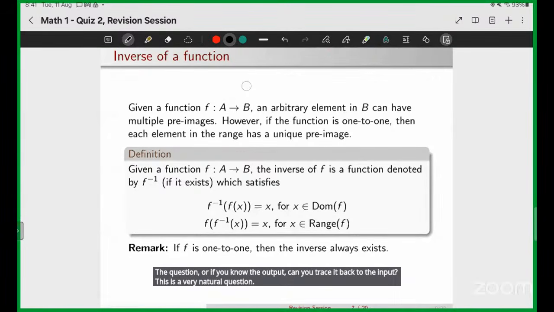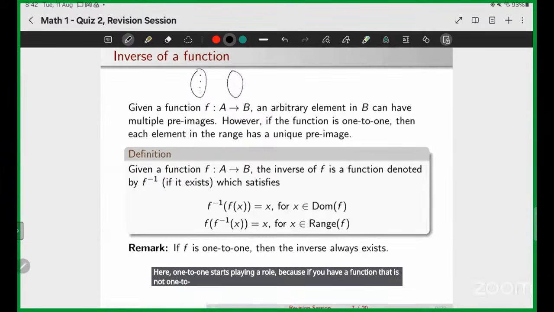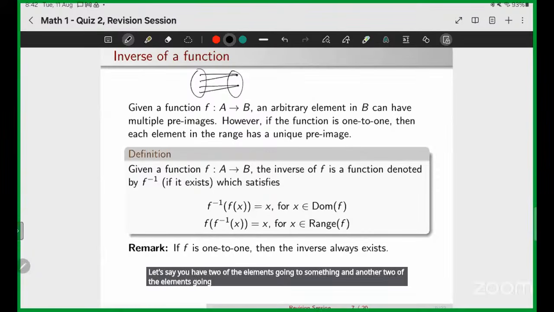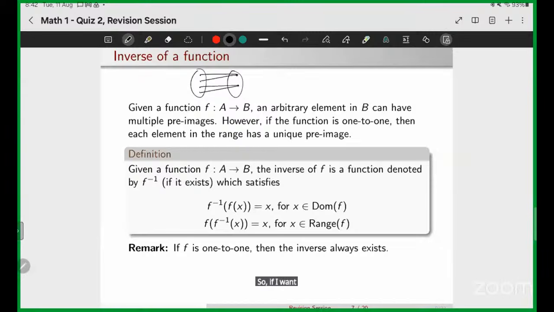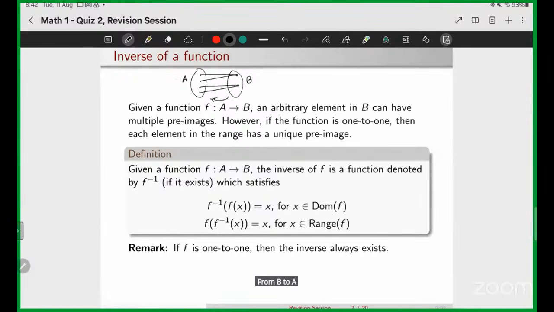So clearly here one-to-one starts playing a role, because if you have a function that is not one-to-one, let's say you have 2 of the elements going to something and another 2 of the elements going to something. If I have a function from A to B, and I want to write a function from B to A which assigns to every output of the original function its input, when I write the reverse function, clearly there is a problem.